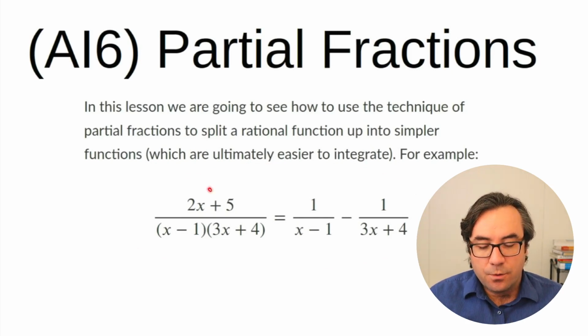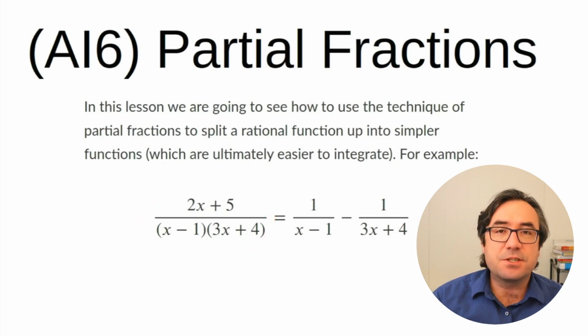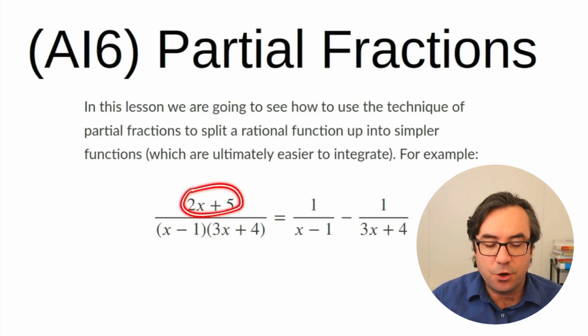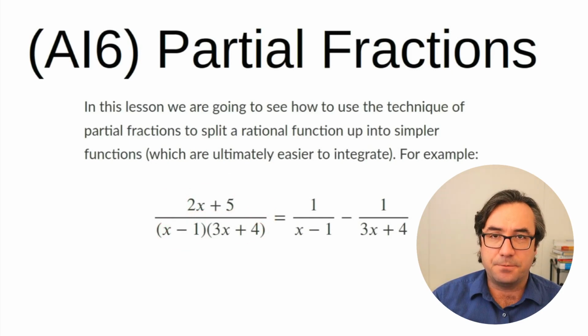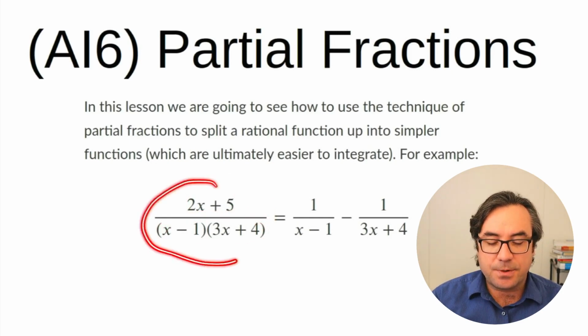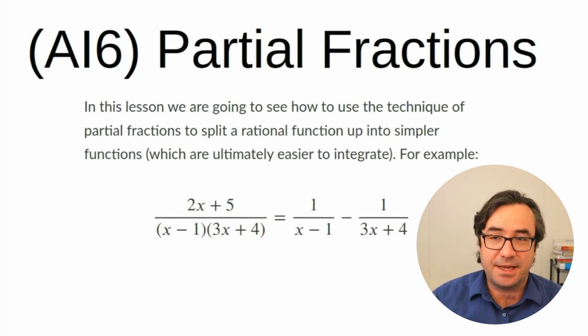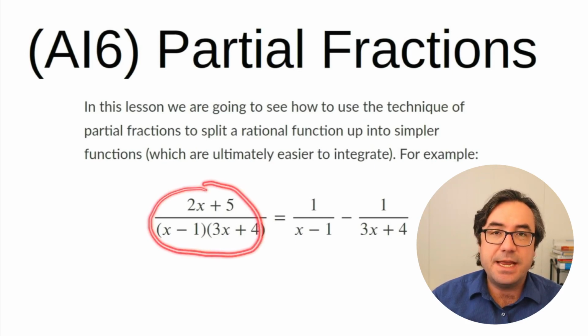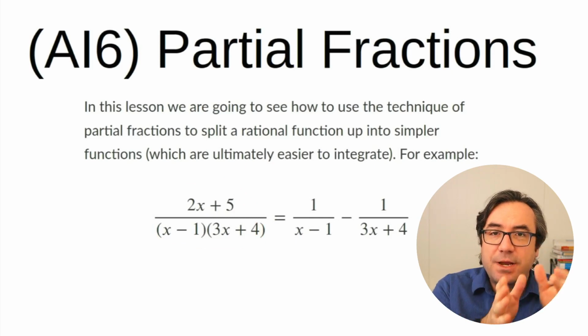So on the left here, this is a rational function. It's a polynomial divided by another polynomial. And as it's written, if we wanted to integrate this thing, this would be pretty difficult in its current form. What partial fractions is going to do is break this up into separate, easier terms that we can integrate on their own.